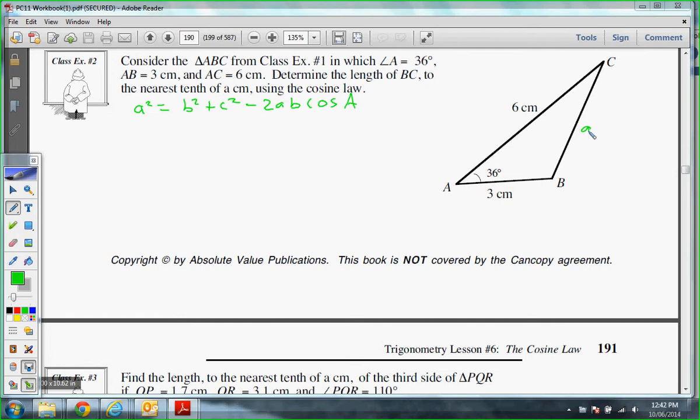That's why we like it. Here, let me label everything for you. This is little c. This is little b. This is big A. And then little a is what we don't know. So when you come over to the right side, everything will be filled out. b squared, 6 squared. c squared, 3 squared. Minus 2, 6, 3.